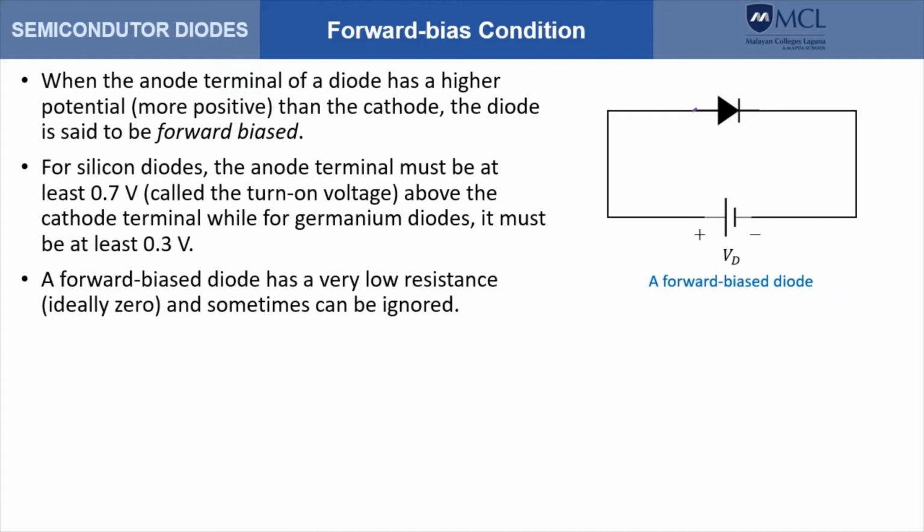Now for silicon diodes, the anode terminal must be at least 0.7 volts above the cathode terminal, while for germanium-based diodes, it must be at least 0.3 volts for the diode to be in the forward bias condition. A diode that is forward biased has a very low resistance, and sometimes that resistance can be ignored.